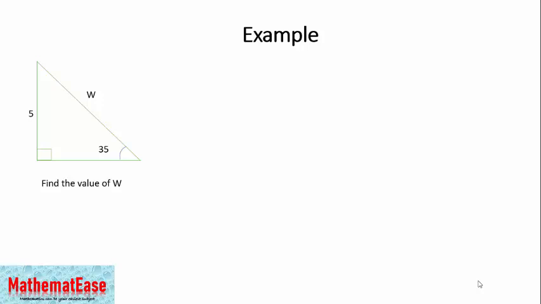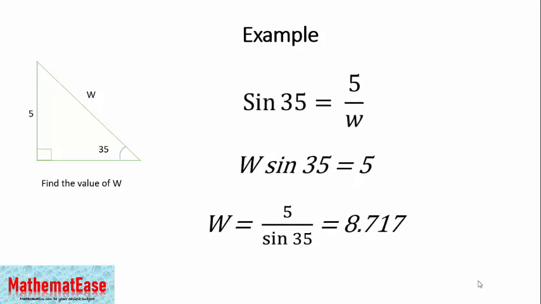That line where I have 5 is known as opposite because it faces angle 35. The longest side is W. When I have opposite, which is 5, and hypotenuse, which is W, let me put the two together, O and H. So I can think of SOH. It means that sine 35 is equal to 5 over W. When I have this one, I can cross multiply.